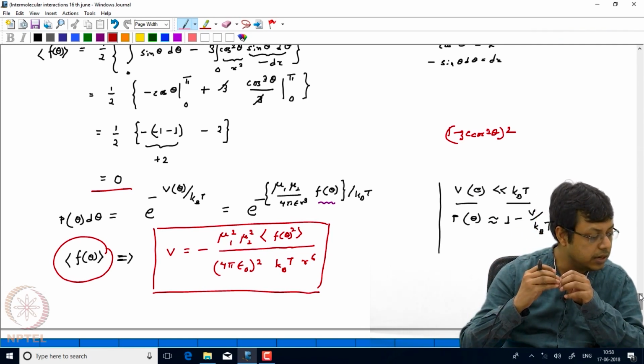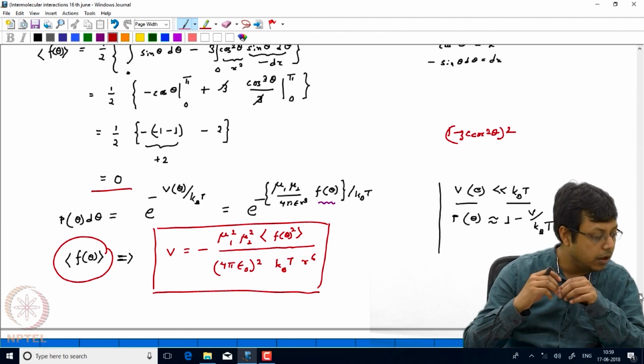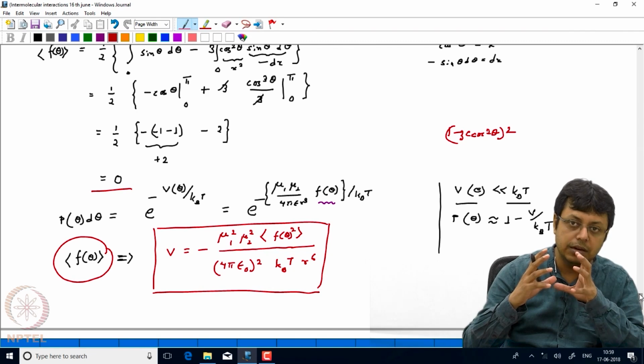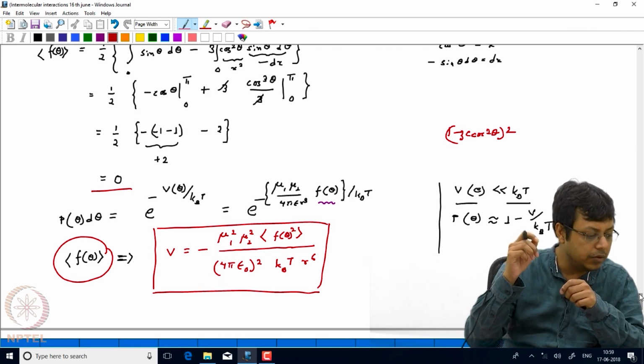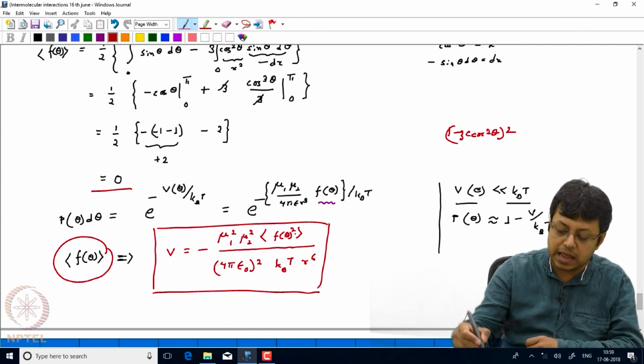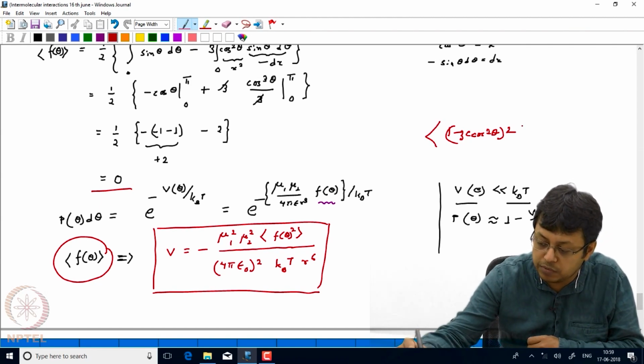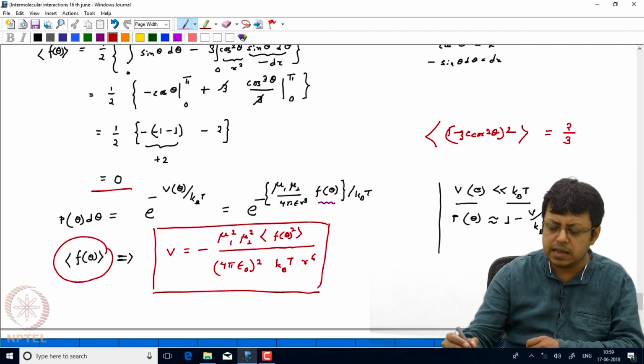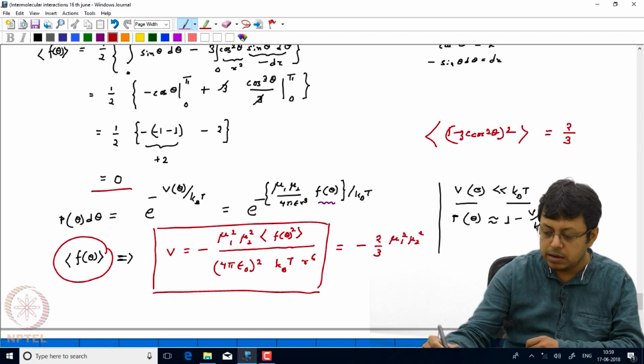The reason is that there are two 1 over r cubed kinds of terms. One comes from the dipole-dipole interaction, and the second comes inherently from the averaging of the effect. Now we can calculate the average value of that quantity, which comes out as 2/3. So overall the interaction potential will be 2/3 of minus mu1 squared mu2 squared divided by 4 pi epsilon 0 squared into kBT times r to the power 6.